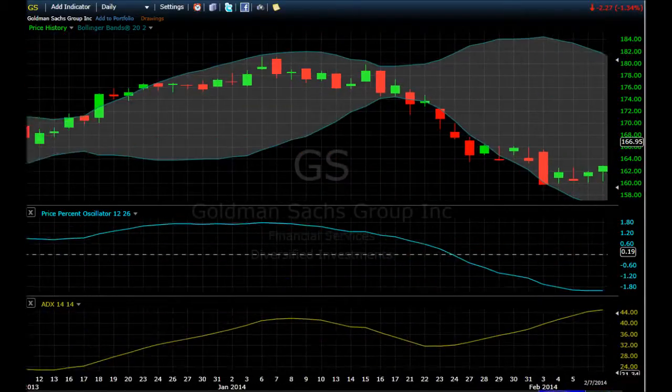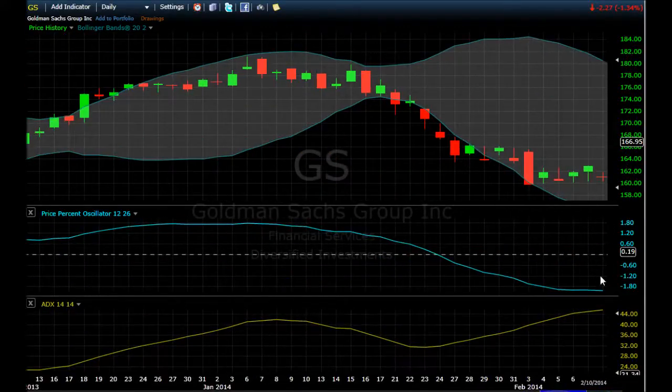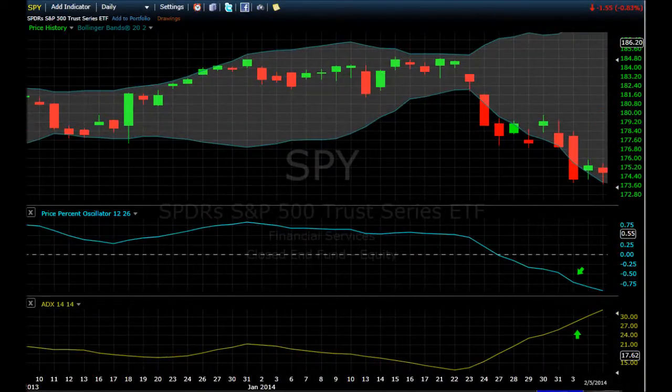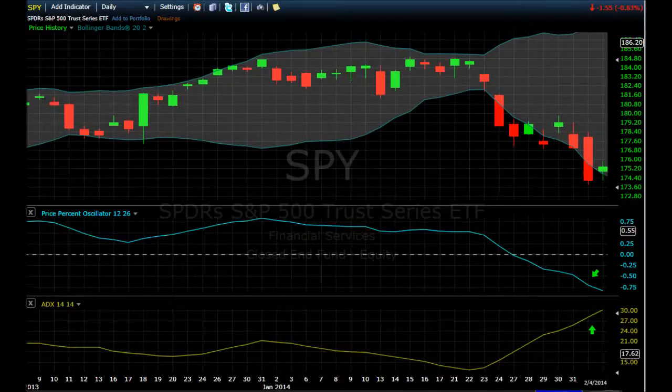Another example is on the SPY. And also I noted this in my Twitter or stock tweets, and I actually put the arrows on where you would want to initiate a position.